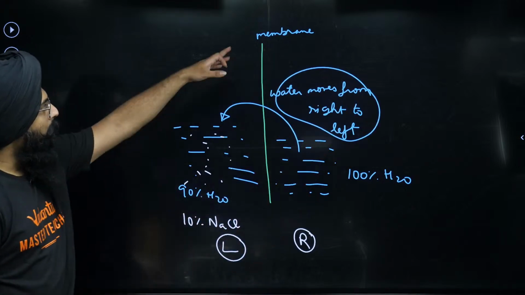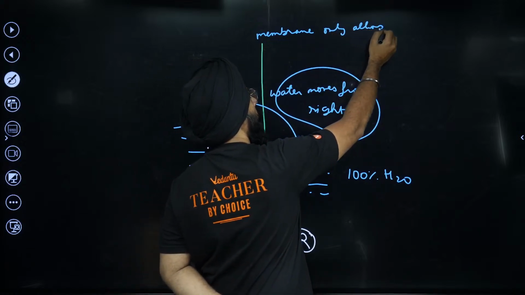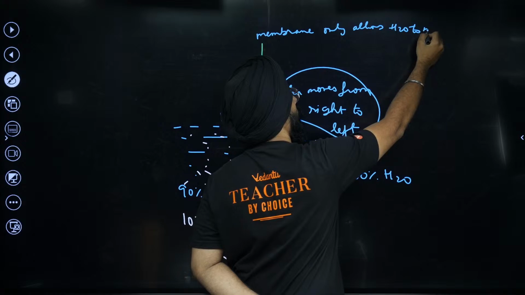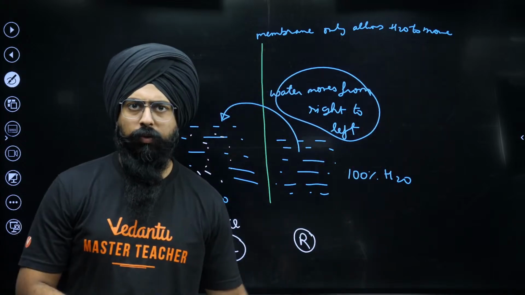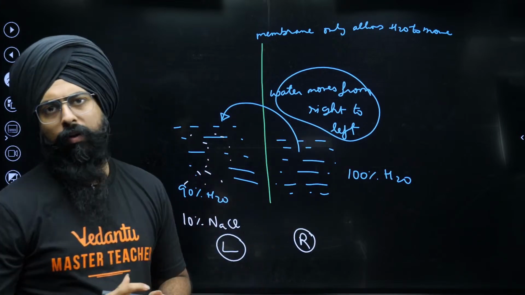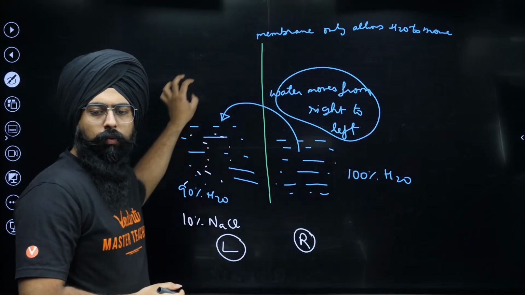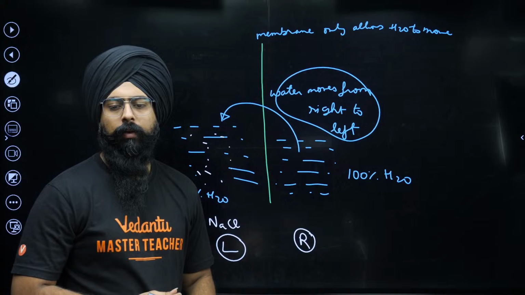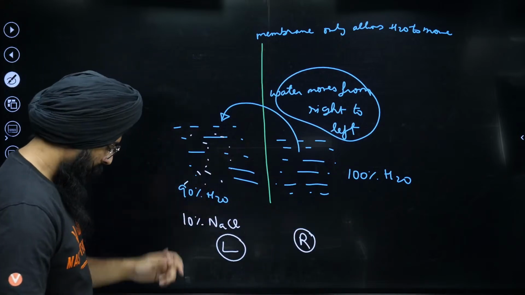This membrane only allows water to move. It does not allow salts, ions, etc. to move. So water is more, water is less, more towards left. More towards less. Right to left.